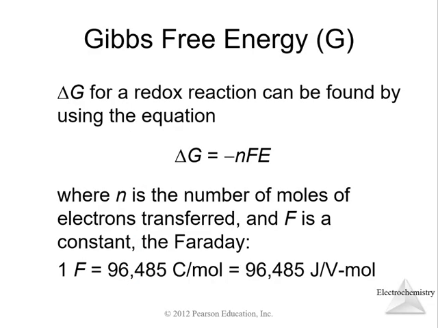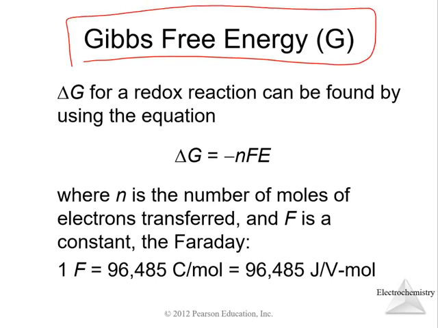Okay, Gibbs free energy. Gibbs free energy just gives you the energy that is generated in the redox reaction. Gibbs free energy is calculated by the change in Gibbs, delta G, is equal to minus nFE, where F is the Faraday constant and E is the cell potential.